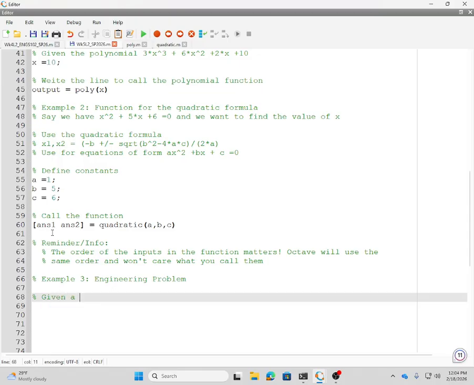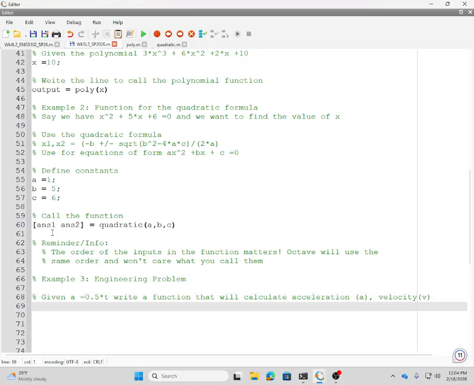So given a equal 0.5 t, write a function that will calculate acceleration a, velocity b, and position s for an array of t values. T is the time here.